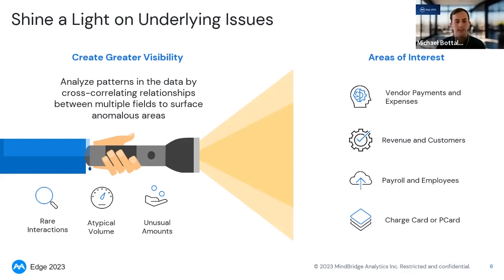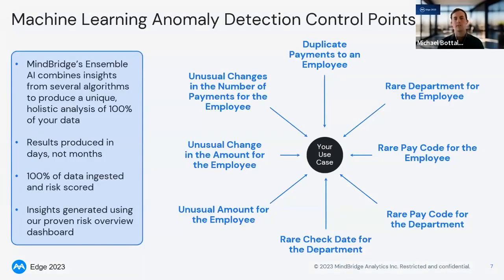So as you can see here, these are out-of-the-box analyses, and some of the control points that we offer around these areas, such as payroll, aim to identify employee behavior. So as we can see, we've taken the rare control point and we've applied it to a few different fields where we can understand rare checks, rare pay codes, rare departments, rare pay code for the department.